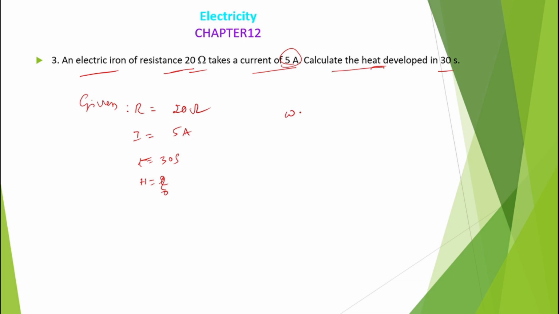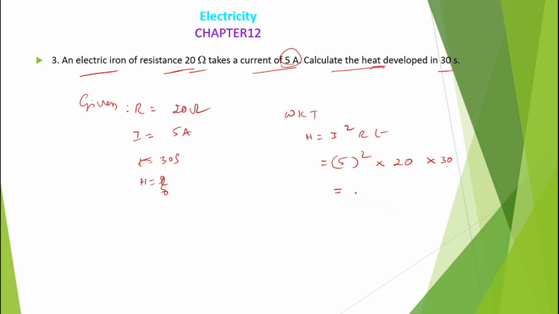So we know the formula: H is equal to I square R into T. So I is given 5 square, into R is given 20, and T is given 30 seconds.